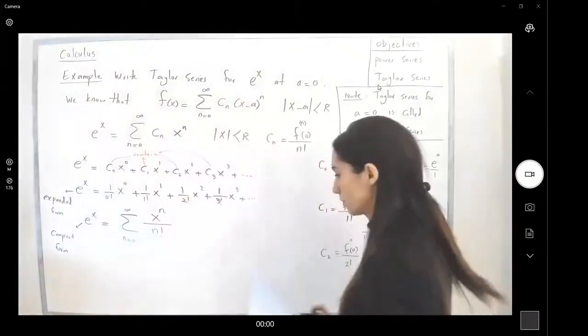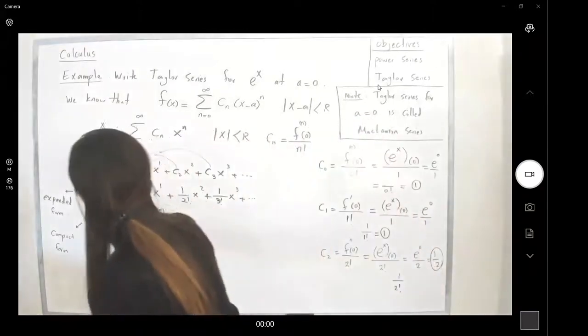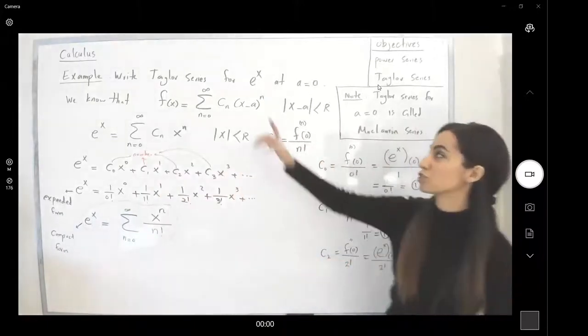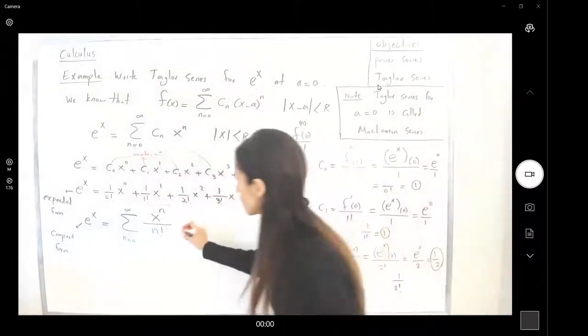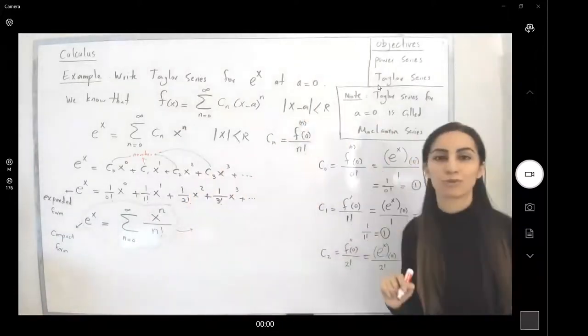So what is the conclusion? The conclusion is that this is the Maclaurin series of the function e^x, or you can say the Taylor series of e^x at a equal to 0.